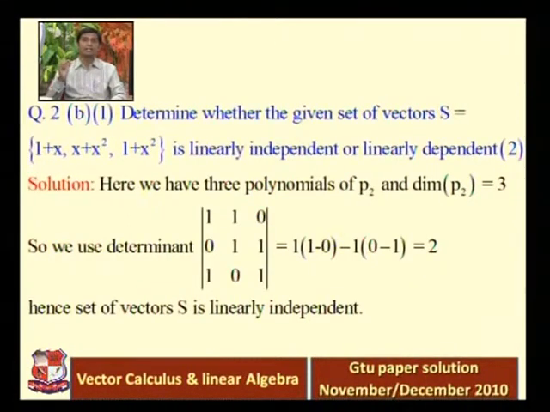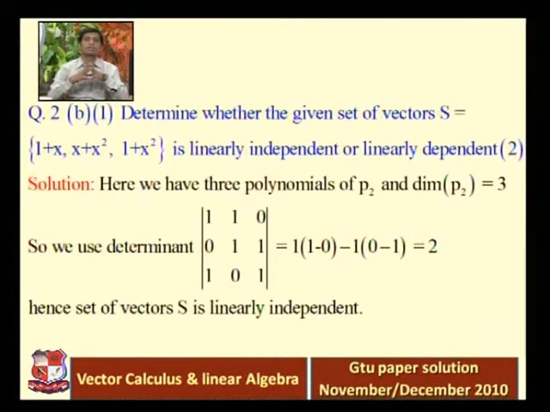For linear independence or linear dependence, one thing that you have to remember is that if you have a set of vectors of vector space V, and you have more vectors than the dimension of vector space V, then that set is always linearly dependent.